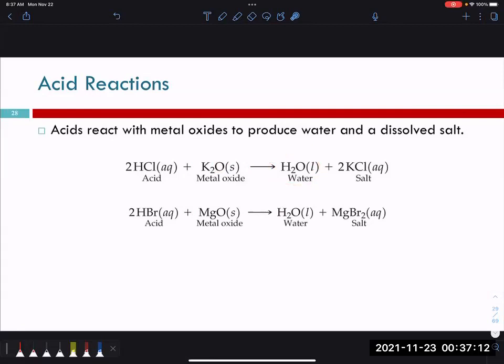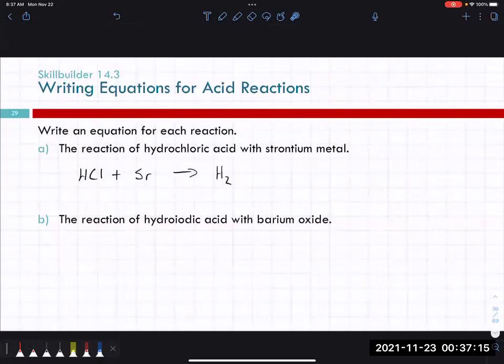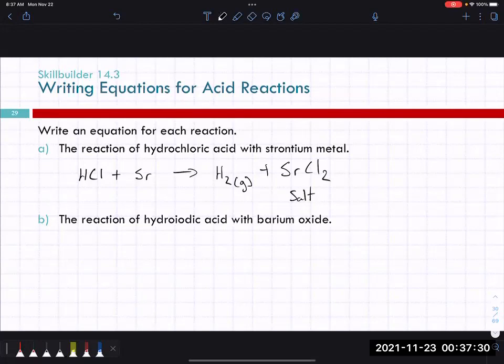Otherwise, you just have H2, and that's your gas. So hydrogen, which is a gas, and then we'll have strontium chloride, which is our salt. And these are fundamentally redox reactions, although I don't think we've talked about redox reactions in this class, or only very briefly.